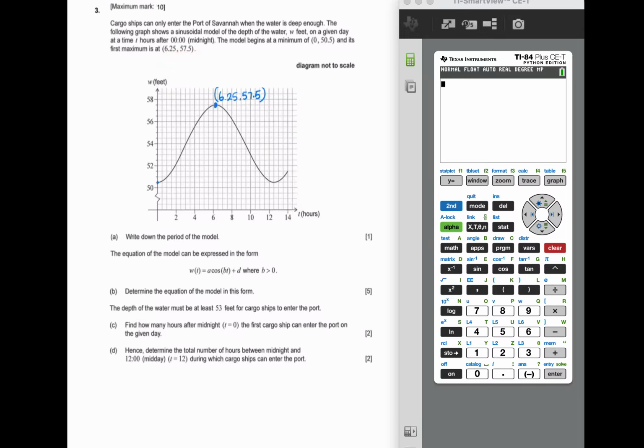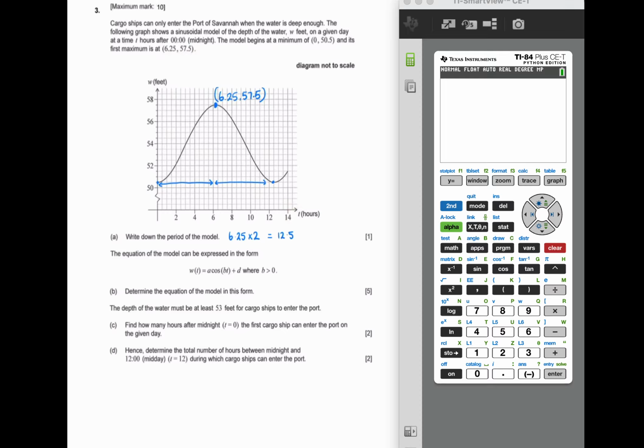If we know this, then half of the wave takes us up to 6.25, and then we have the other half of the wave to get back to that starting position. So the period of the wave is 6.25 multiplied by 2, and that gives you a length of 12.5.